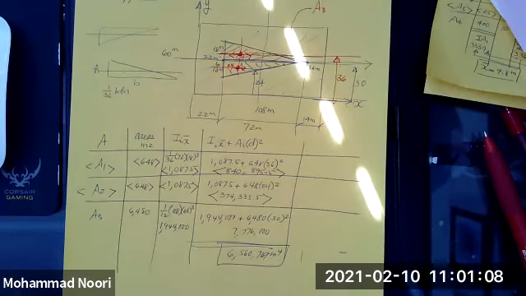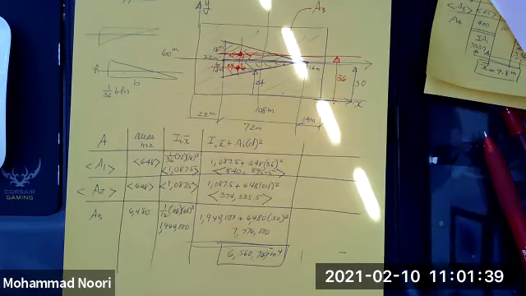Find the moment of inertia of each shape about its own centroidal axis, and to find the moment of inertia about another axis that is parallel to it, just take the value you find based on that table and add to it the area of that shape times the square of the distance from the centroid of that shape to this axis. That's it.